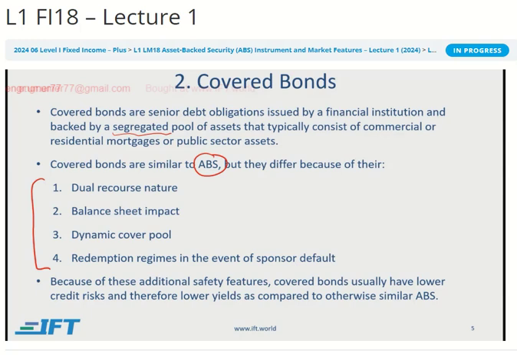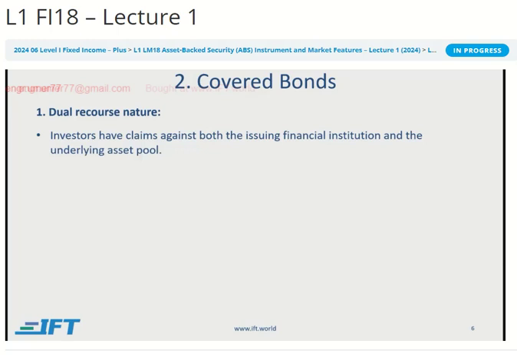We'll talk about all four of them on separate slides. And because of these additional safety features, covered bonds usually have lower risk and therefore lower yield compared to similar asset-backed securities. Now let's talk about each one of these four points, starting with dual recourse nature.